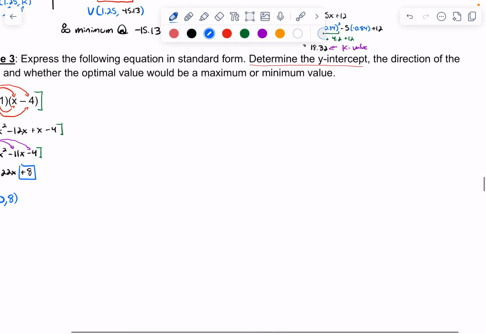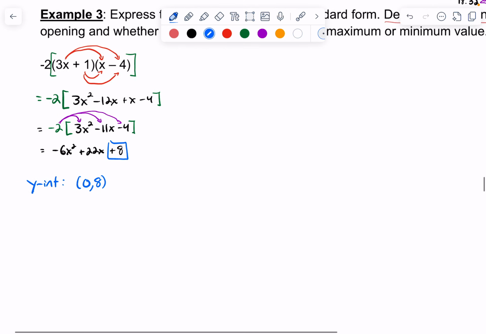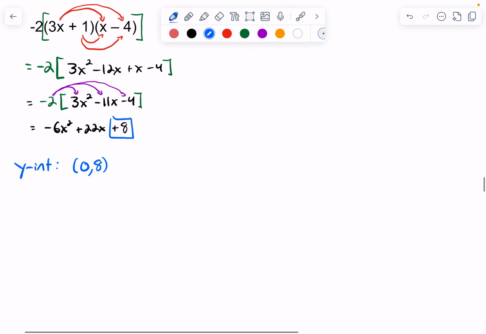The direction of the opening, all right, well, the direction of the opening is determined by our a value. So look over here. Here we have an a value of negative 6. So the direction of opening, the DOO, is down because a is negative.